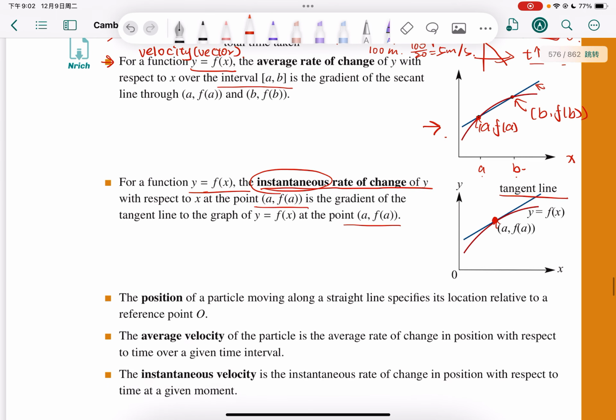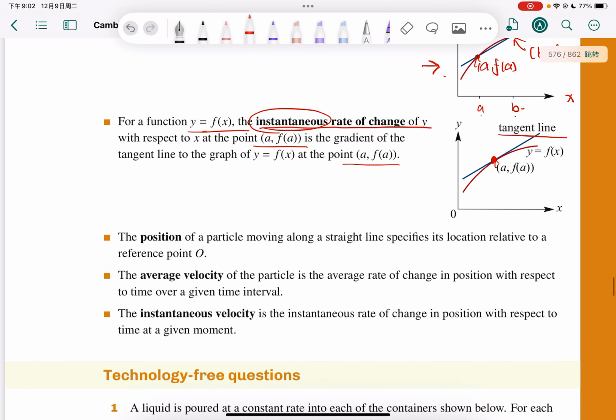And then the position of a particle moving along a straight line specifies its location relative to a reference point O. So for example, we have a coordinate system with x and y. The reference point can be (0, 0), or it can be some other coordinate point.